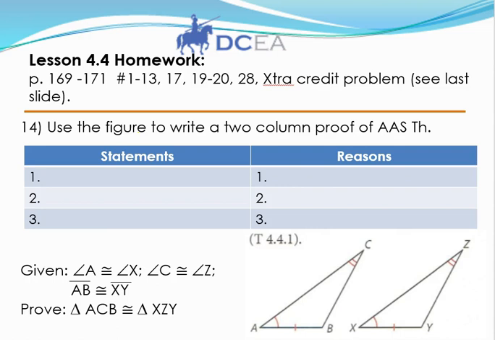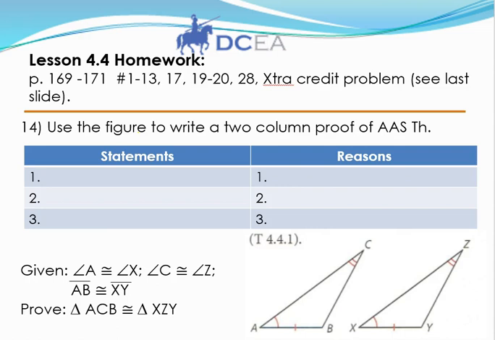Number 14, use the figure to write a two-column proof of angle angle side. So we're given these two triangles, and angle A is congruent to angle X, angle C is congruent to angle Z, and segment AB is congruent to segment XY. We already have two angles and a side here.